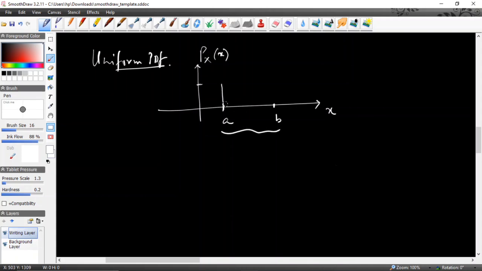And since you know that the area under the PDF has to be 1, this value will be 1 upon b minus a, so that this area is unity. So this is what we call the uniform PDF.